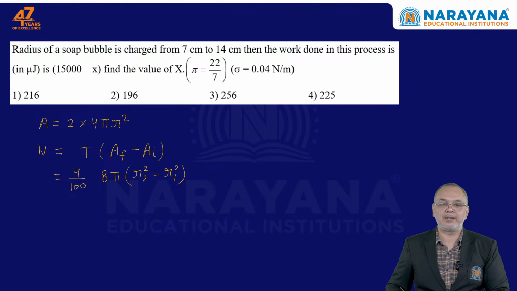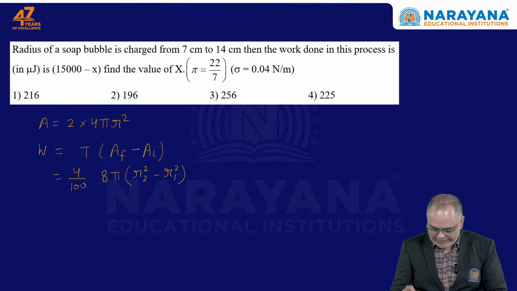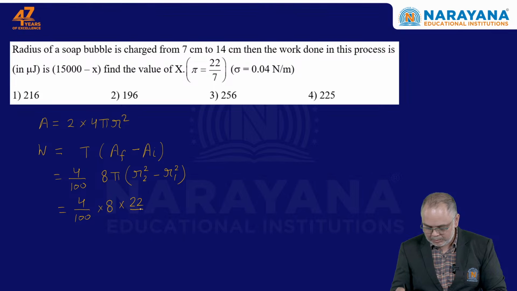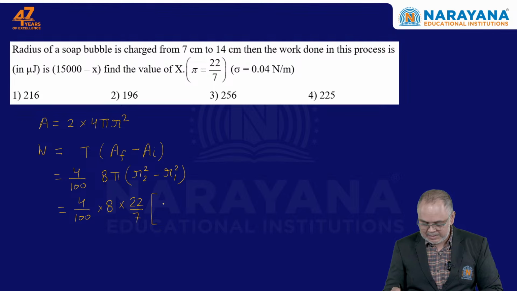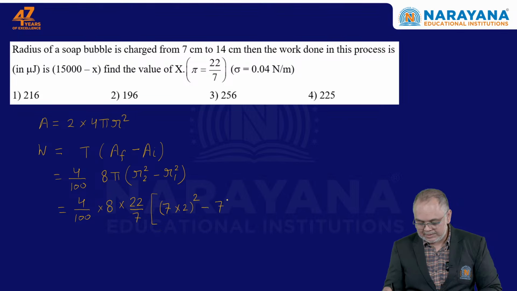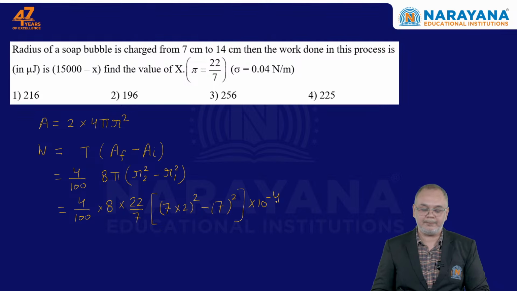Now r1 and r2 values are given, that is 7 centimeter and 14 centimeter respectively. So we can substitute the value here: 4 by 100 into 8 into 22 by 7, r2 is 14 centimeter, so I am writing 7 into 2 whole square, minus r1, 7 centimeter, 7 square, into 10 to the power minus 4. In meter square we have to write the area here.